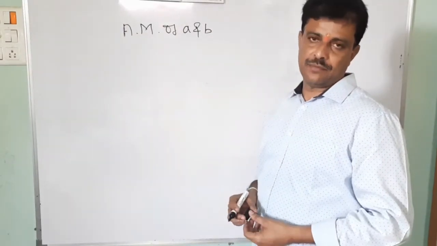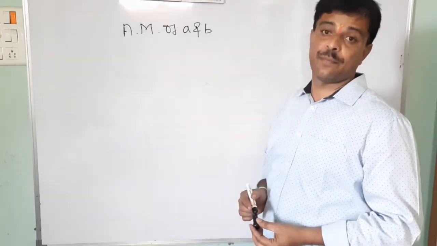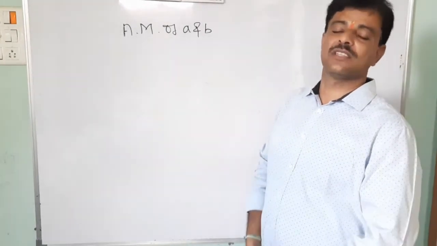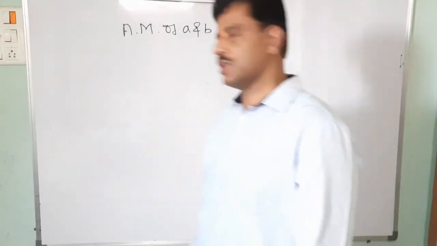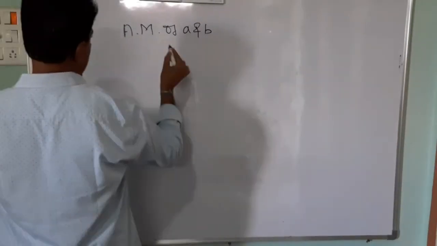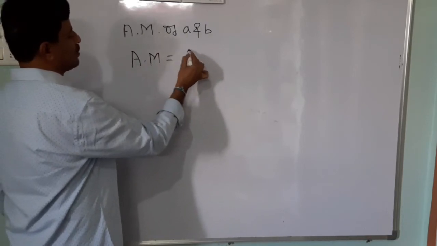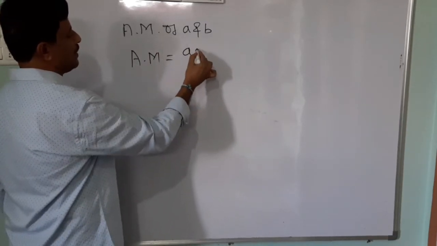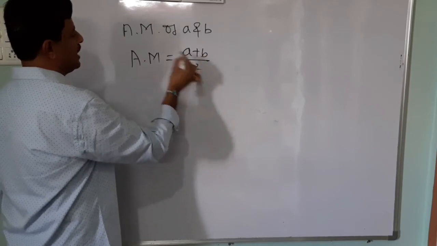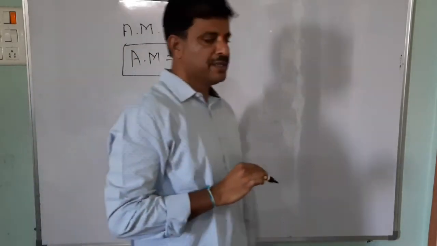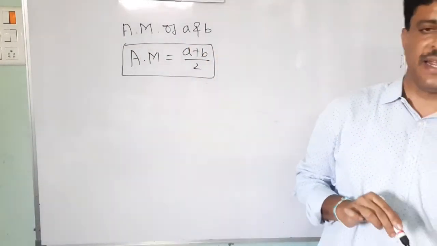For 10 and 2, what is the mean? 10 plus 2 divided by 2. You learned this from SSLC. When finding the arithmetic mean, use this formula: arithmetic mean is equal to (a plus b) by 2. Remember this.